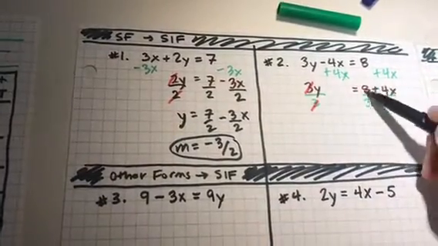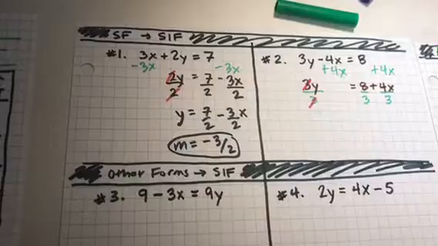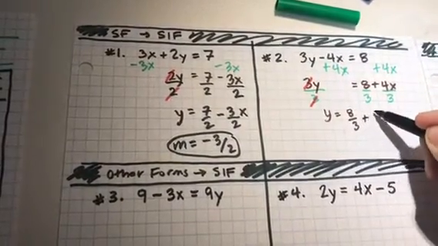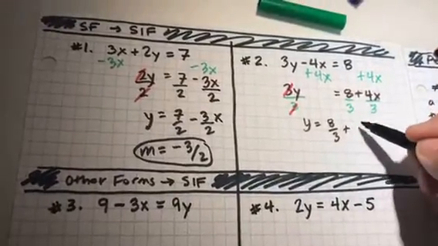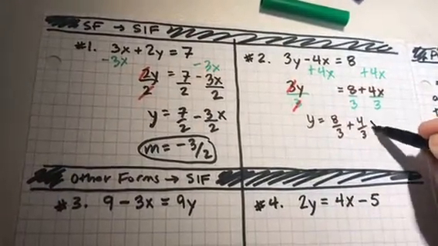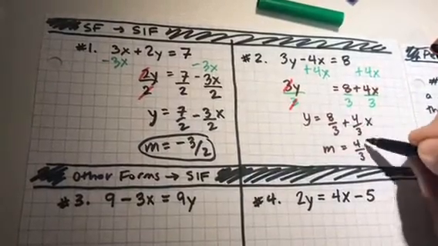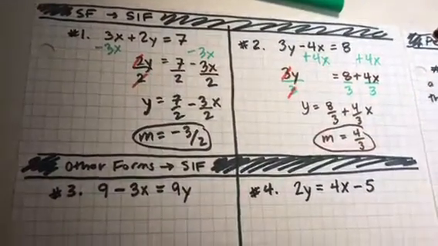Anything that needs to cancel, those wouldn't cancel. Okay, then I'm going to rewrite it. And we're doing this for the purpose in geometry of finding the slope. So that's just the number in front of the X.